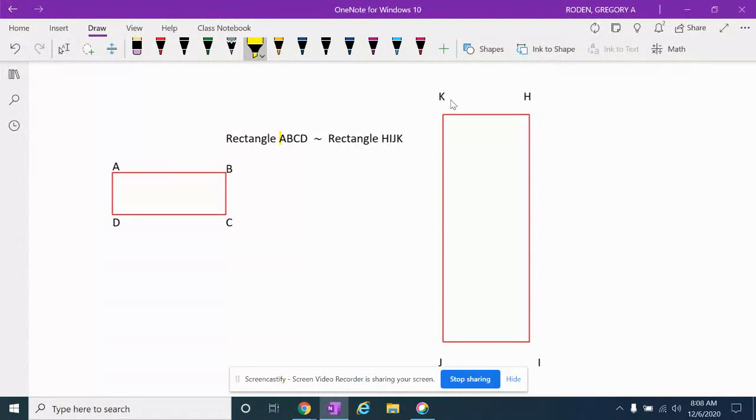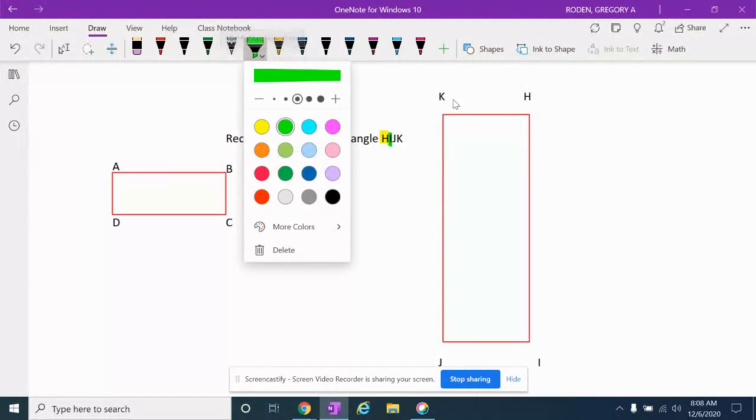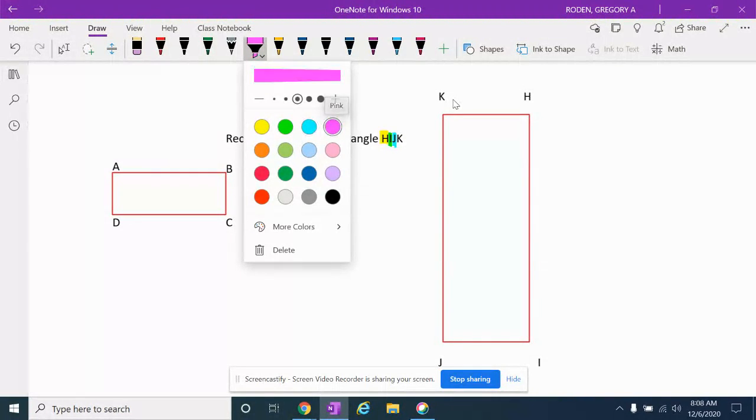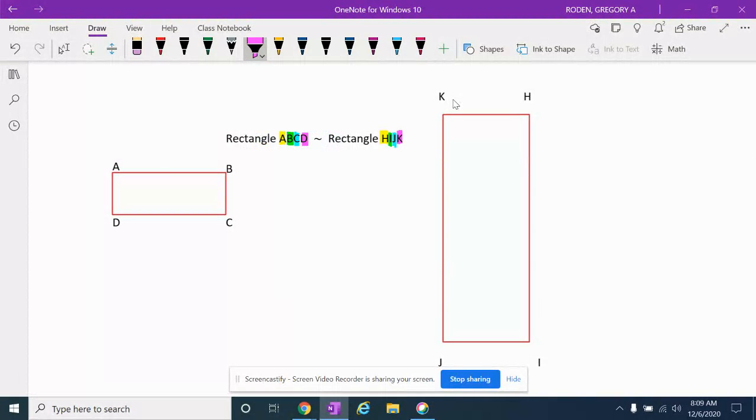So the first thing is I have an A and then H. And then I want to go B and I. And then let's see here, C and J. And then I want to go D and K. So I'm going to line these up here, so I know that the measure of angle A is equal to the measure of angle H. Now, since it's a rectangle, all the angles are going to be equal to each other, because rectangle means 90 degrees.